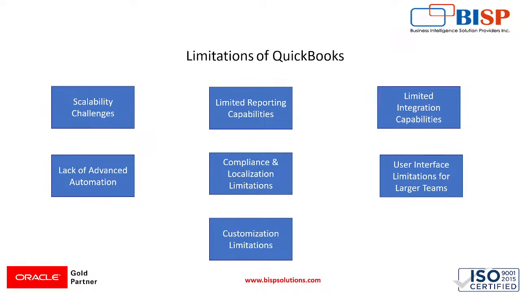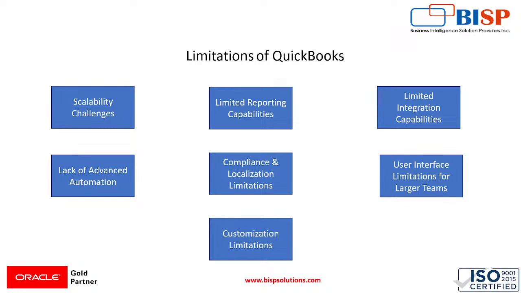As we all know, QuickBooks is mostly used by small or mid-size businesses, as many ERPs are available that support small and mid-size businesses. So this is the most important limitation of QuickBooks, and why someone is migrating to a bigger ERP.